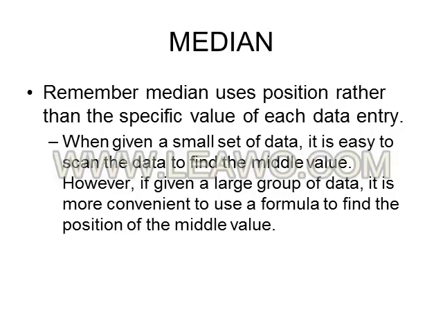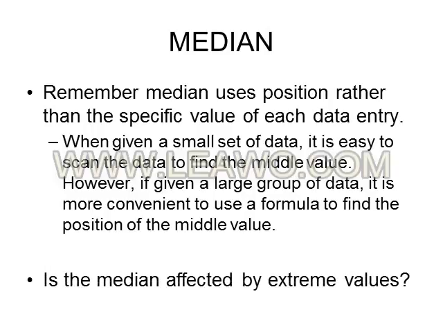If you're given a large group of data, though, it would probably be more convenient to use a formula to find the position of the middle value. Now, do you believe that the median could be affected by extreme values? In other words, if we had most of the numbers clustered together, they're very similar, and there was either one very large number on the end or one very small number on the other end, is that going to affect our median?